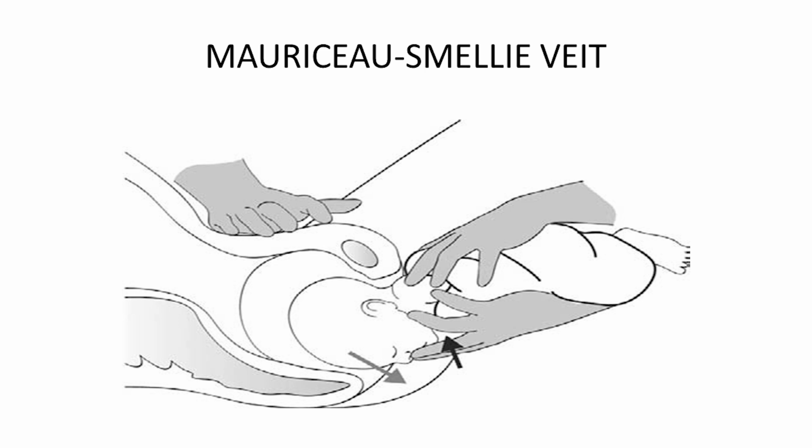Then an assistant applies suprapubic pressure to put the head in proper flexion, and then with downward outward traction, the head is delivered. Now these maneuvers are important so as to avoid rapid delivery of the head, which could cause some complication.